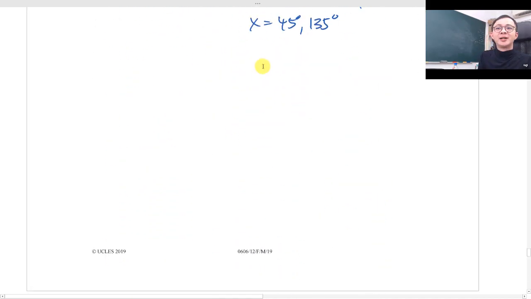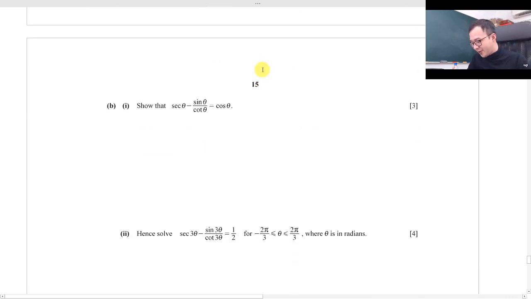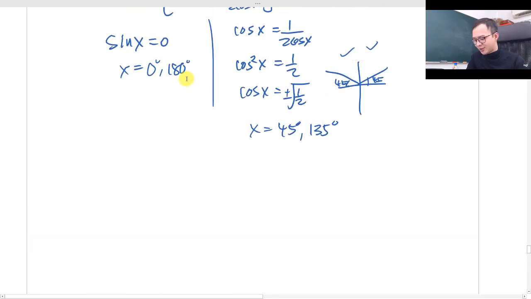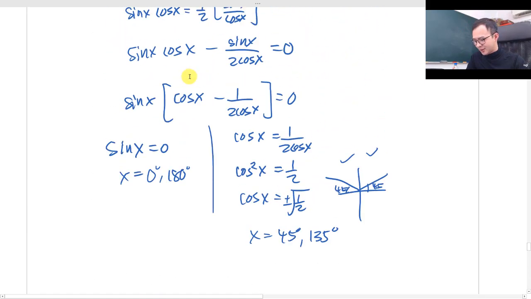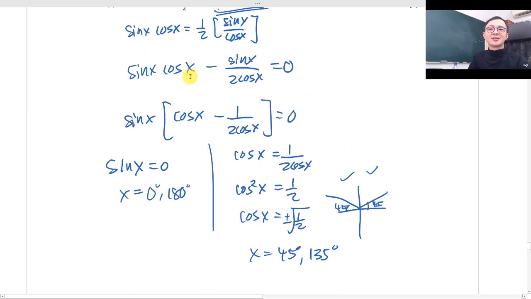So, let's have a look at part B here. Okay, B here, they ask us to show, and it's 3 marks. This is second theta. So can we do sine square 2x? How do you get sine square 2x?